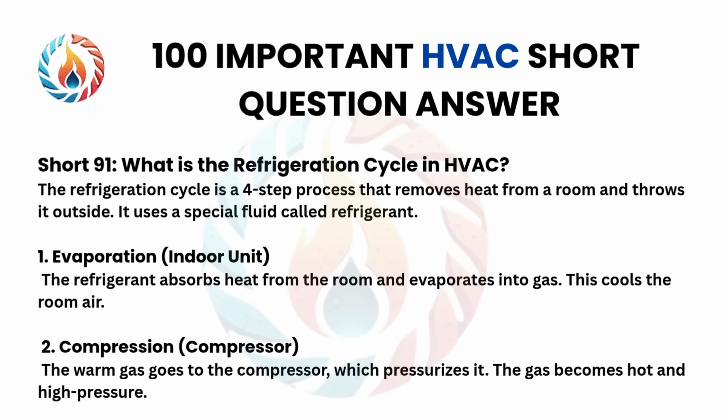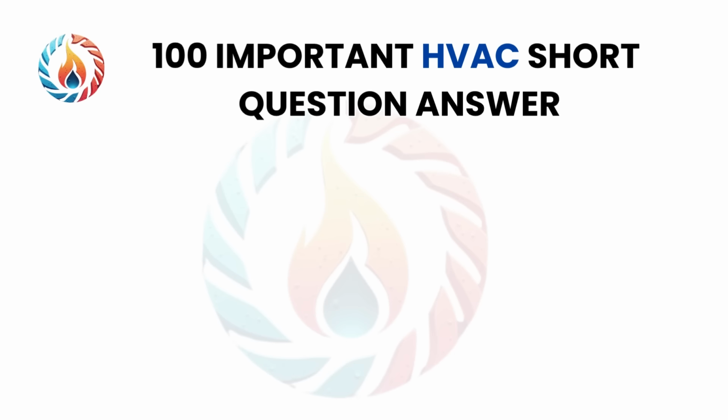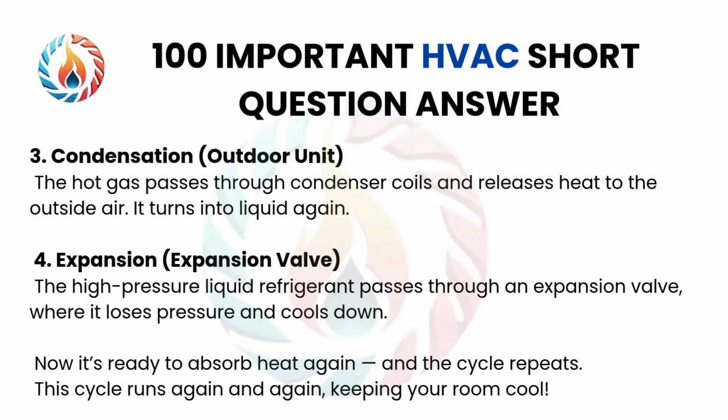2. Compression, compressor. The warm gas goes to the compressor, which pressurizes it. The gas becomes hot and high pressure. 3. Condensation, outdoor unit. The hot gas passes through condenser coils and releases heat to the outside air. It turns into liquid again. 4.